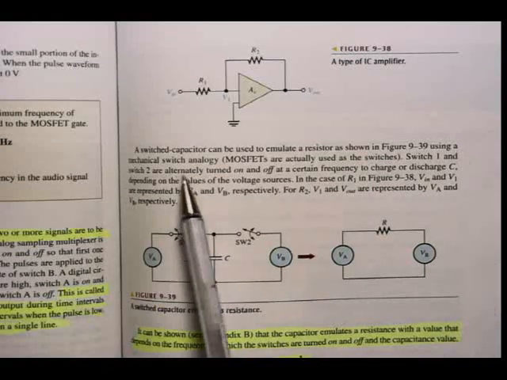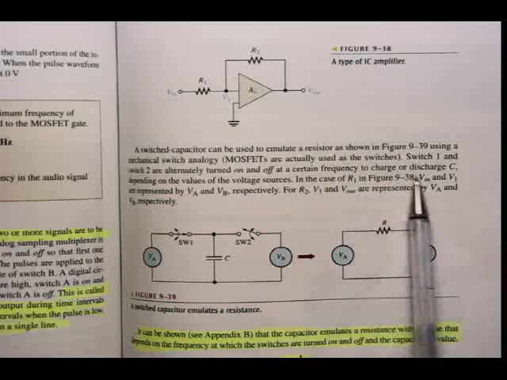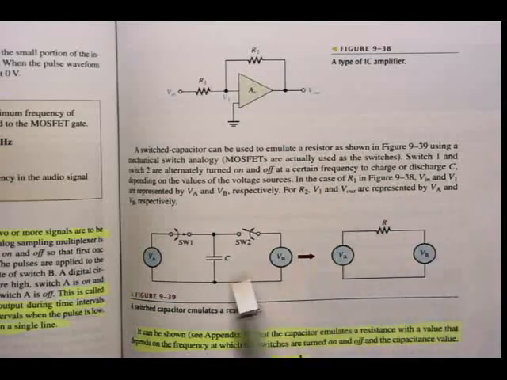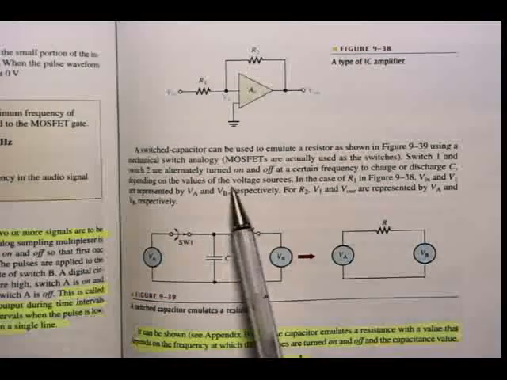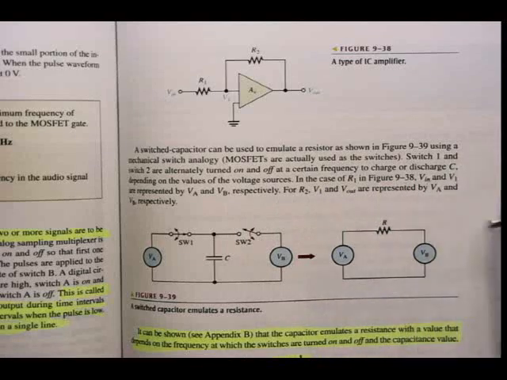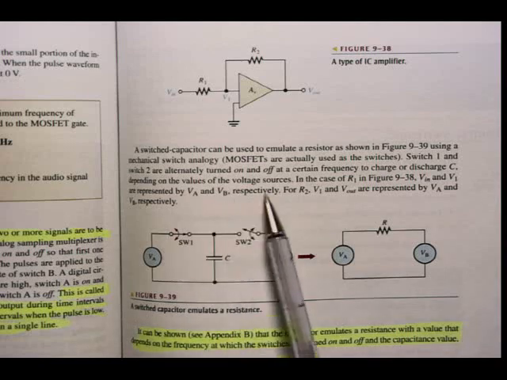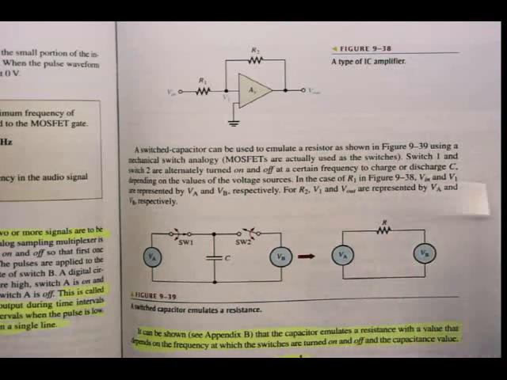Switch 1 and switch 2 are alternately turned on and off at a certain frequency to charge or discharge the capacitor, depending on the values of the voltage sources. In the case of R1 in figure 9.38, Vin and V1 are represented by VA and VB respectively, and for R2, V1 and Vout are represented by VA and VB respectively.